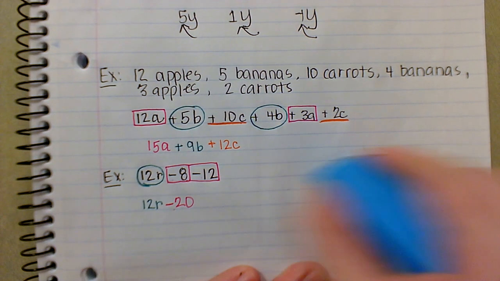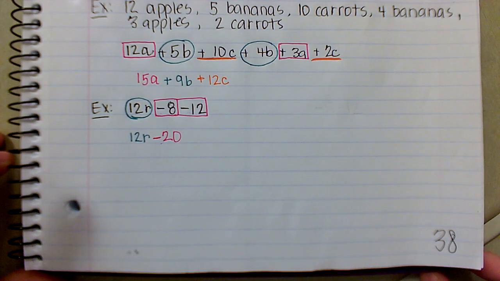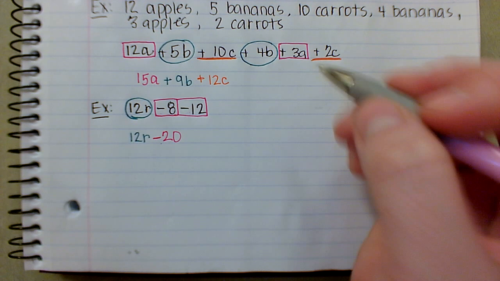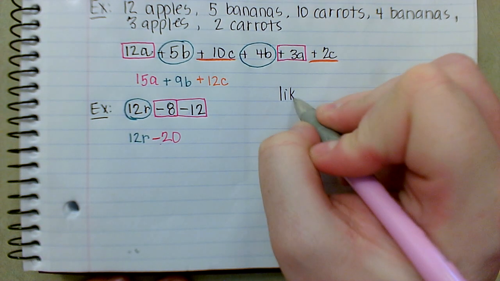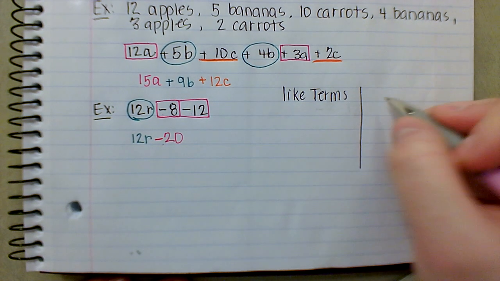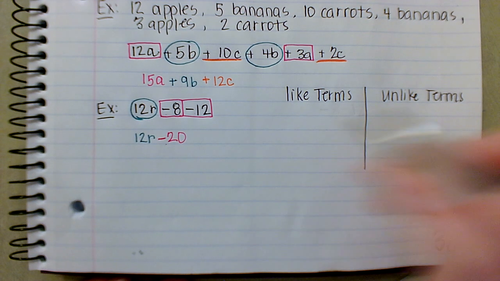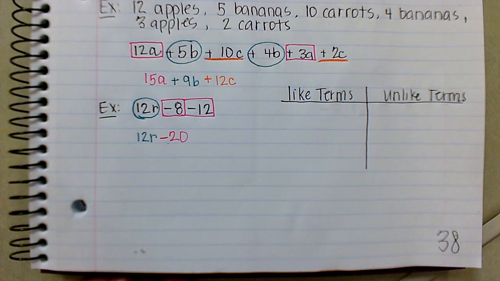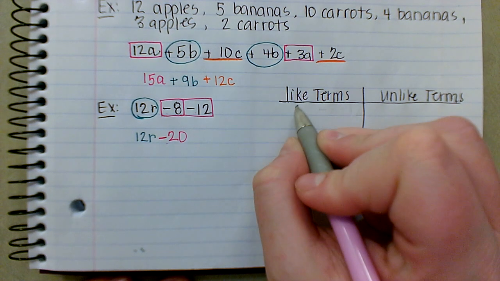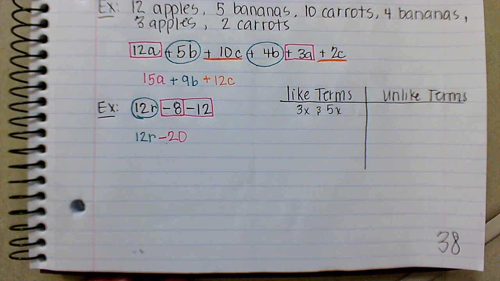Alright, I'm going to erase this because I'm going to put a chart right here. On one side put like terms, and on the other side put unlike terms. Alright, so if we have terms like 3x and 5x, those are like terms.